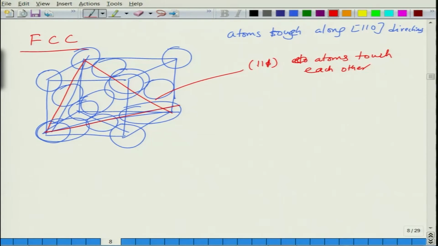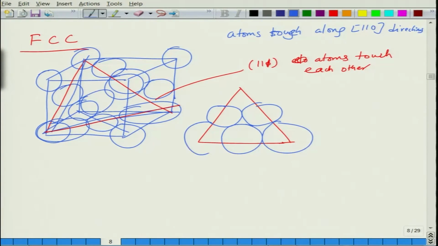So, essentially 111 plane will look something like this. So, let me see if I can draw it correctly, like this, something like this. This will be the 111 plane, all right.